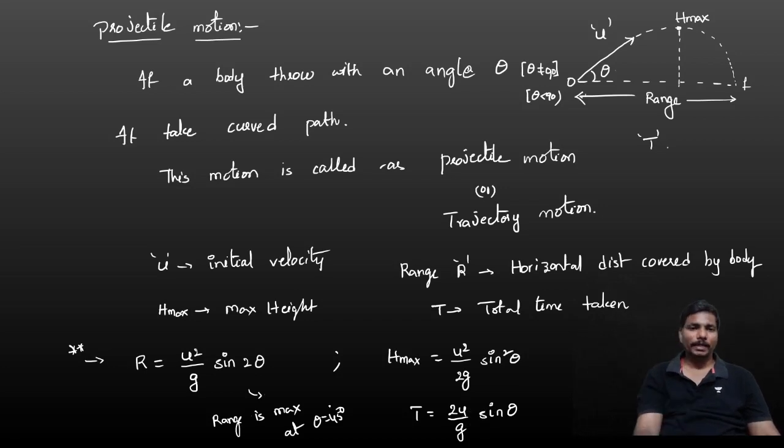We have so many examples of this projectile motion. For example, jumping animals. Jumping animals is like a projectile motion. If the kangaroo is jumping like this, the rabbit is jumping like this.